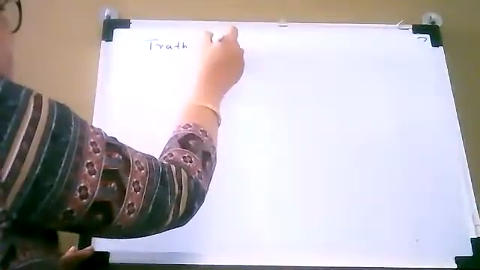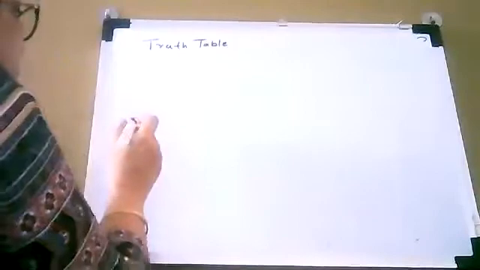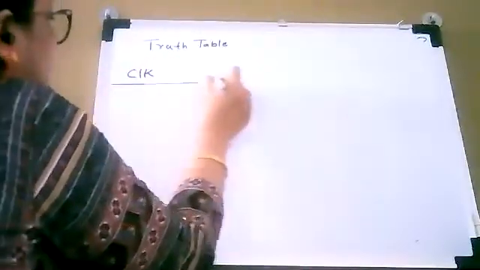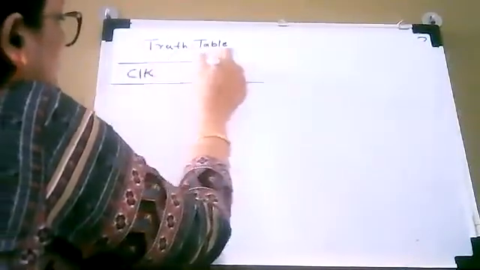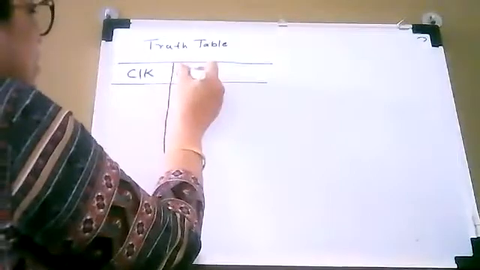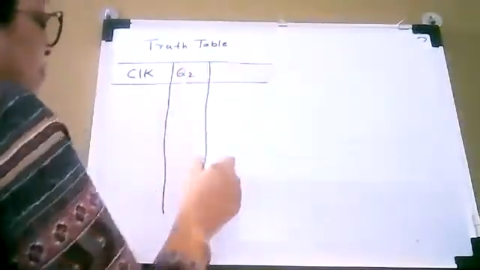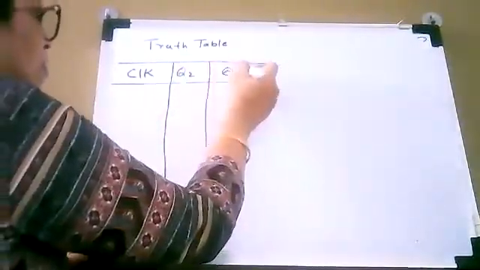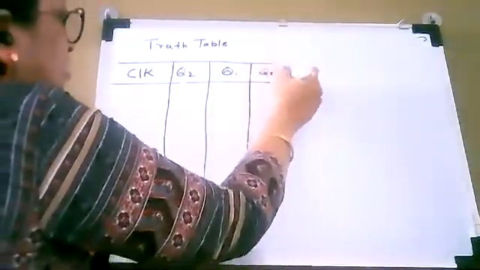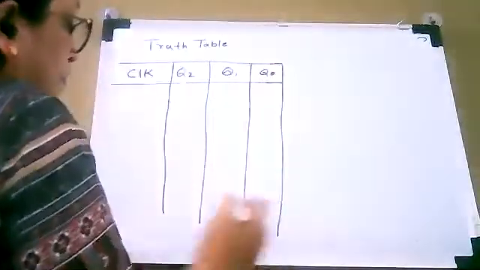Okay, let us draw the truth table. Clock and outputs Q2, Q1 and Q0.